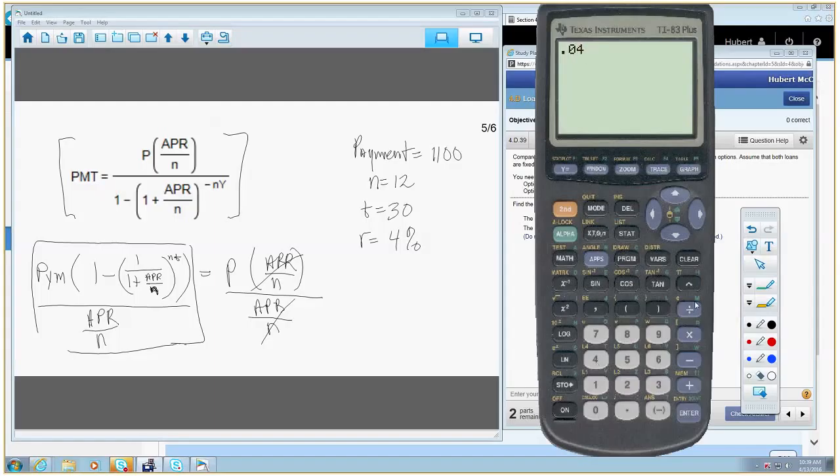0.04 divided by 12. Now, that's my fraction, so I'm just going to put that in there because I don't know where I'm going to use it yet. Alpha F. Okay, now we need to do this right here. So we're going to take 1 plus 1 over, parentheses, 1 plus my fraction, alpha F, close parentheses, and I'm going to raise that to the 360th power.